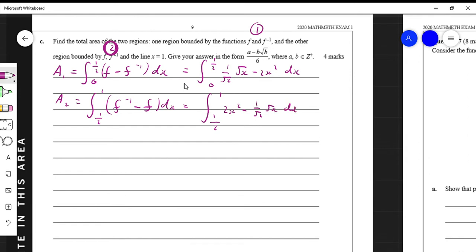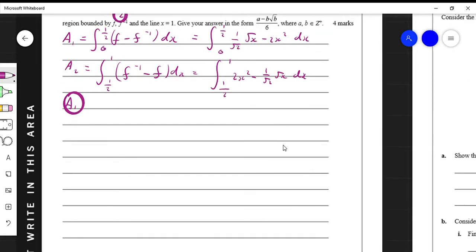Okay, so now let's just do this separately. So start with A1. I just write them at the beginning so we don't get too confused. Hopefully you can follow the steps I'm doing. I will skip a couple of steps every time because I don't have enough space to show everything, but hopefully it's still clear what's happening.